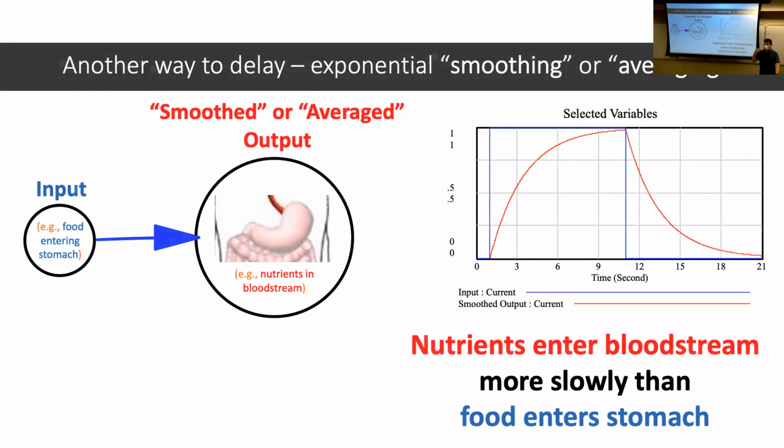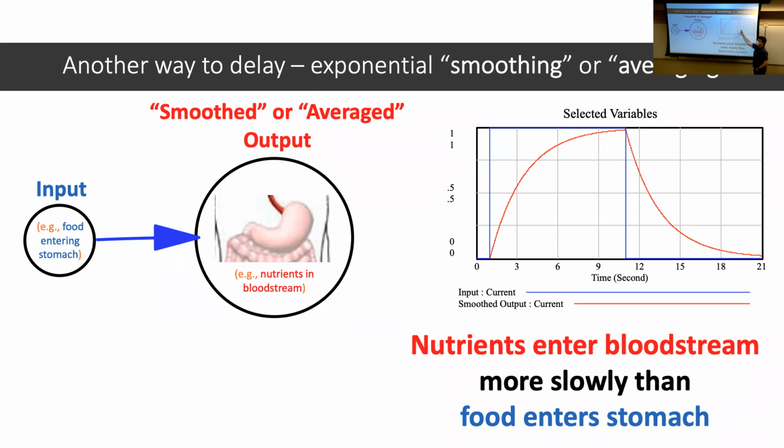So if you think about it, food hits your stomach, some nutrients will almost immediately enter your bloodstream, but some of them are going to need to digest for longer. So this blue curve is like food entering your stomach, and this red curve is like nutrients entering your bloodstream. As the food enters your stomach, the nutrients slowly rise up in your bloodstream.